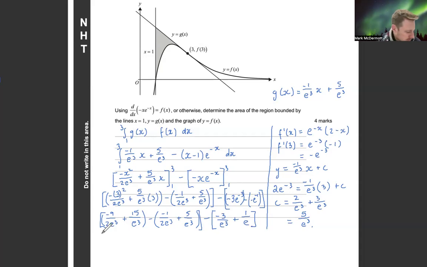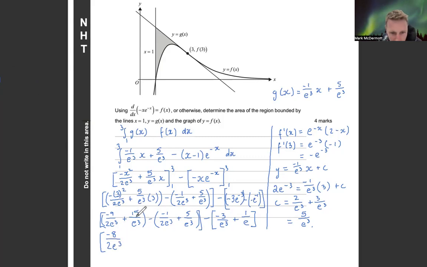Okay, look for any like terms. There's a 2e cubed there, so it's -9. That's negative. So what I'm getting at is this term and this term. So it's a -9, so I'm going to get -8. So look for any like terms and simplify. So I'm going to get -8 on 2e cubed.